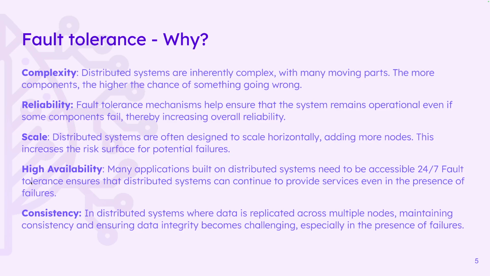If you want to be available, meaning you can use your bank account even when you go to France, but the link between Morocco and France is down, you will find that you're available but not consistent, because your money is not the same amount of money. They will have to do reconciliation maybe later. If you want to be very consistent, we will tell you, sorry, we can't serve you, because your bank account has information that we can't get, because we have a partition. That's because you have a system with two partitions. Is it clear a bit? Yeah.